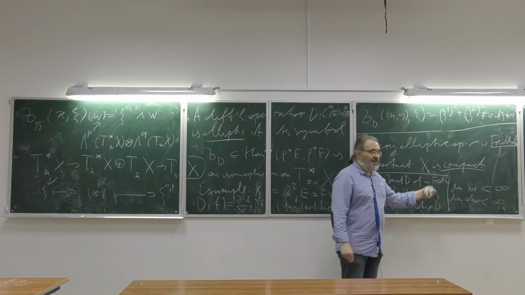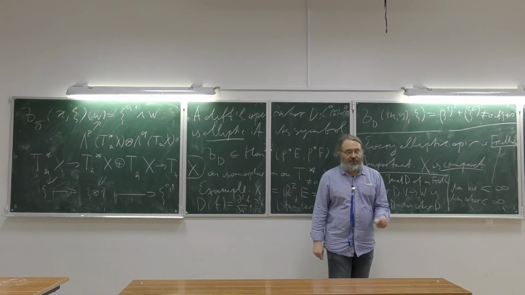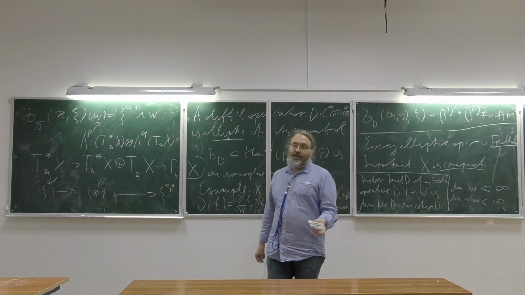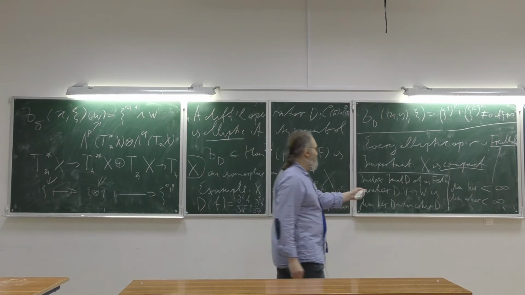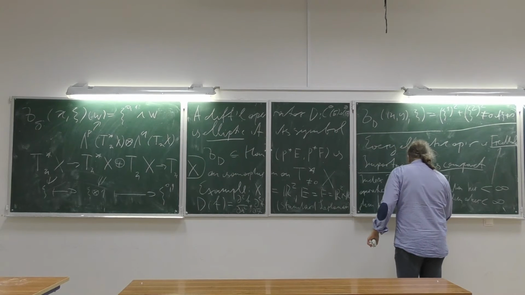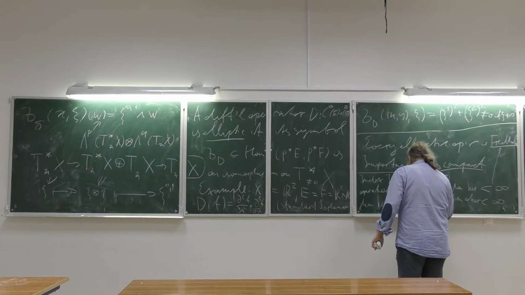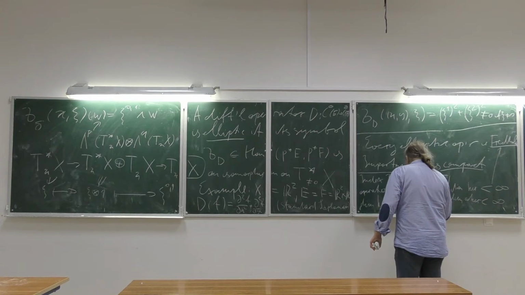The index is the dimension of the kernel minus the dimension of the co-kernel. Okay, now here V and W are just vector spaces, not necessarily finite dimensional.